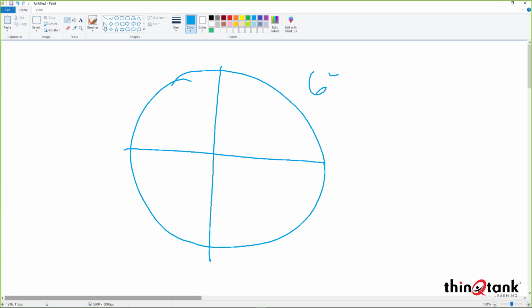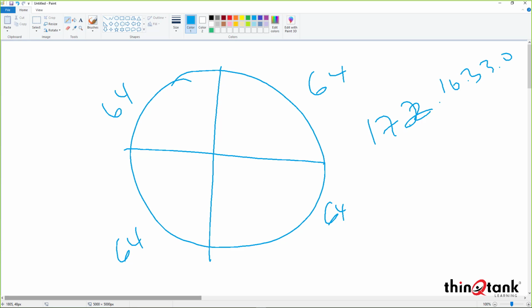These are my blocks of 64, starting at, what was it, 172.16.33.0, right? So that's what we started with. Let me write that again because it's kind of messy. 172.16.33.0.